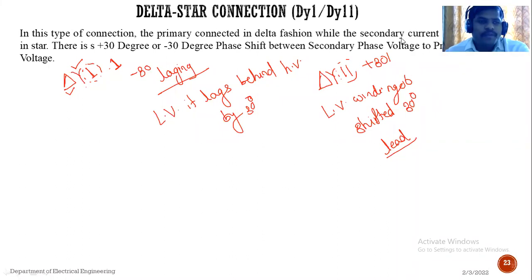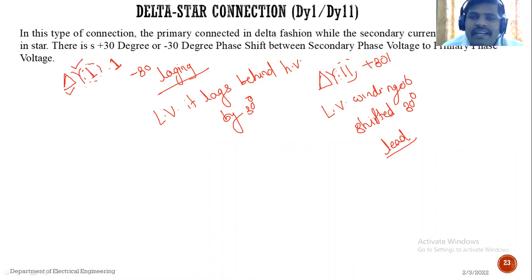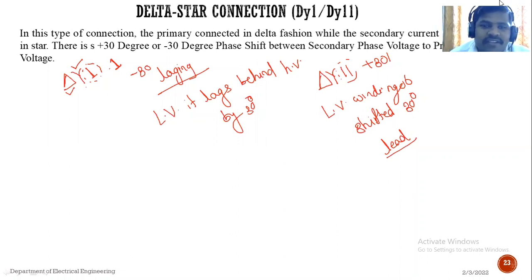In these types of connection, the primary of the transformer is connected in delta fashion, while the secondary is connected in star fashion. We know that in case of delta, the phase voltage is equal to the line voltage, and the phase current is 1/√3 times the line current.